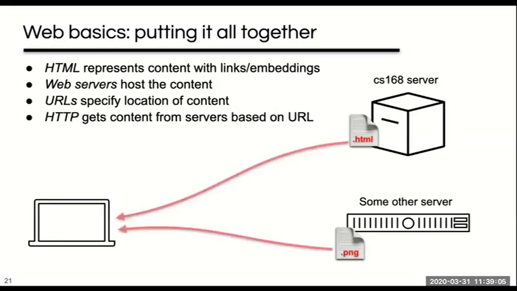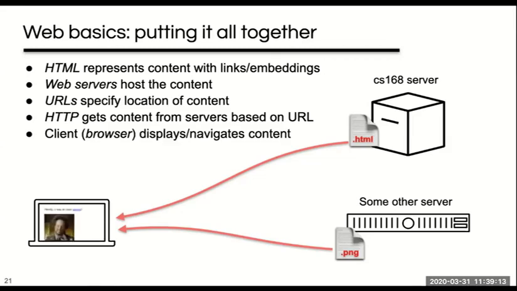And we've got HTTP to get content from the servers based on a URL. And then we've got a browser that displays and navigates that content. And this is the diagram I was talking about. I didn't do this on purpose, but it's so similar to the one from Tim Berners-Lee's proposal 30 years ago.